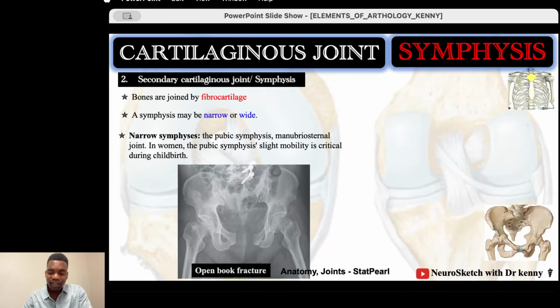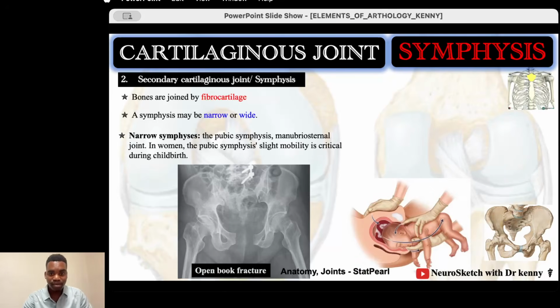The second scenario: during a breech delivery, when the baby is presenting by the buttocks instead of the head, the nightmare, talk to obstetricians, is delivery of the aftercoming head. This is most of the time stuck within the pelvis.